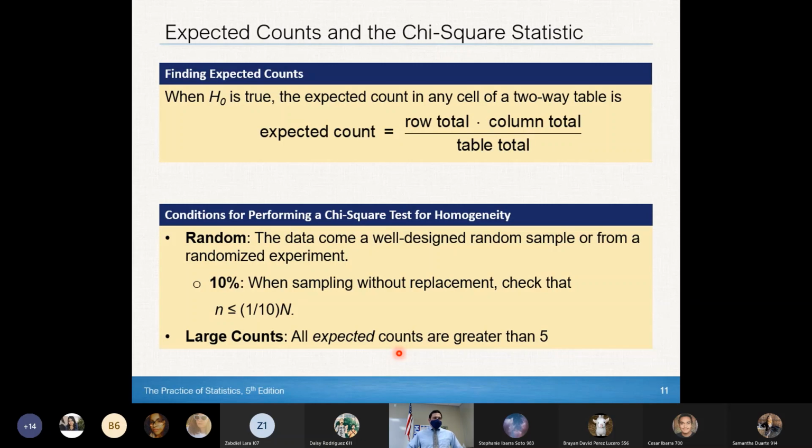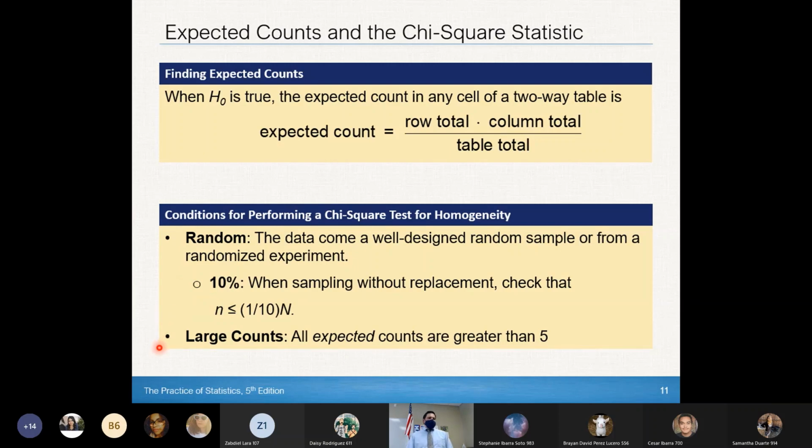And since we're performing an inference, we have conditions for performing a chi-squared test for homogeneity. Number one, it must be random. The data come from a well-designed random sample or from a randomized experiment. The 10% condition: when sampling without replacement, check that the sample size is less than or equal to 10% of the population.